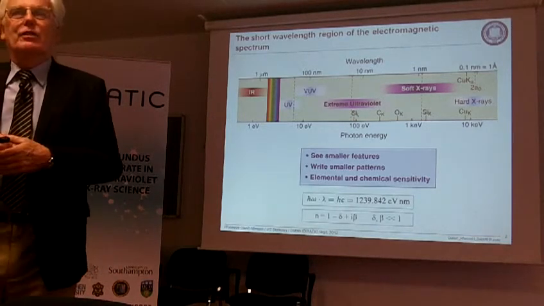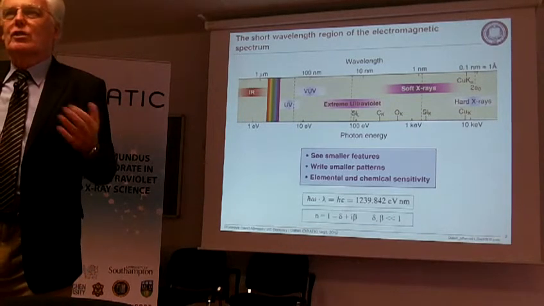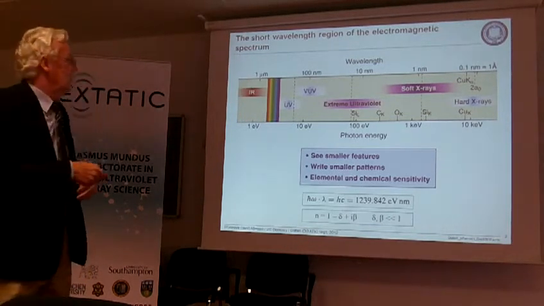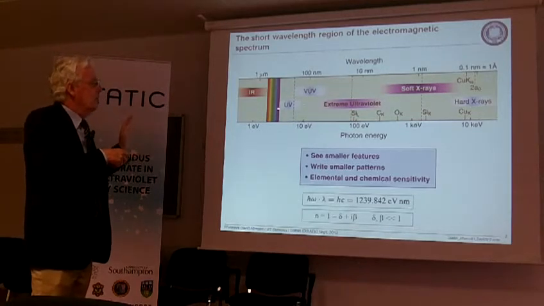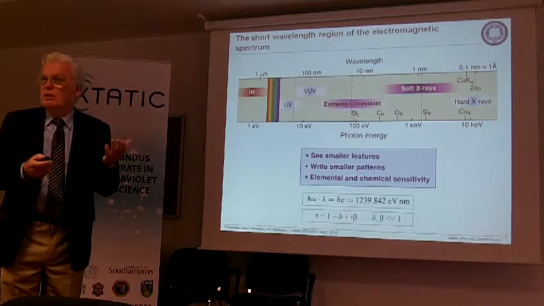Not a lot of sophistication in either the source or the optics, more in the application. So we're coming from this direction, where it is sophisticated, and we're trying to bring that into the short wavelength region, and that's been largely successful.